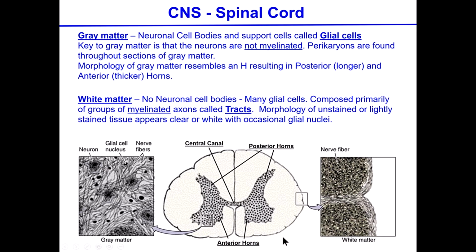If you go to the so-called white matter, what you find is primarily glial cells, and there are no neuronal cell bodies. It usually contains plenty of myelinated axons packed together in the so-called tracts.